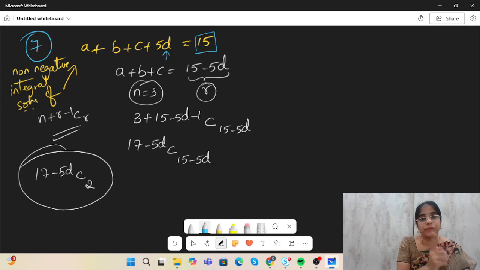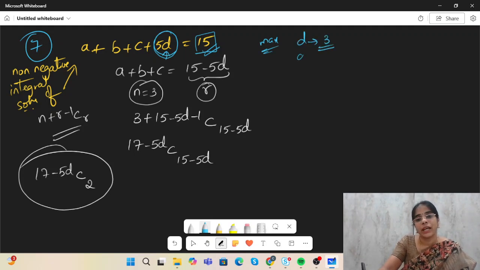Maximum value that d can take so that I get 15: these three can be zeros. 5 into 3 is only 15, right? So max to max, d can take 3. So d can be 0, 1, 2 or 3.